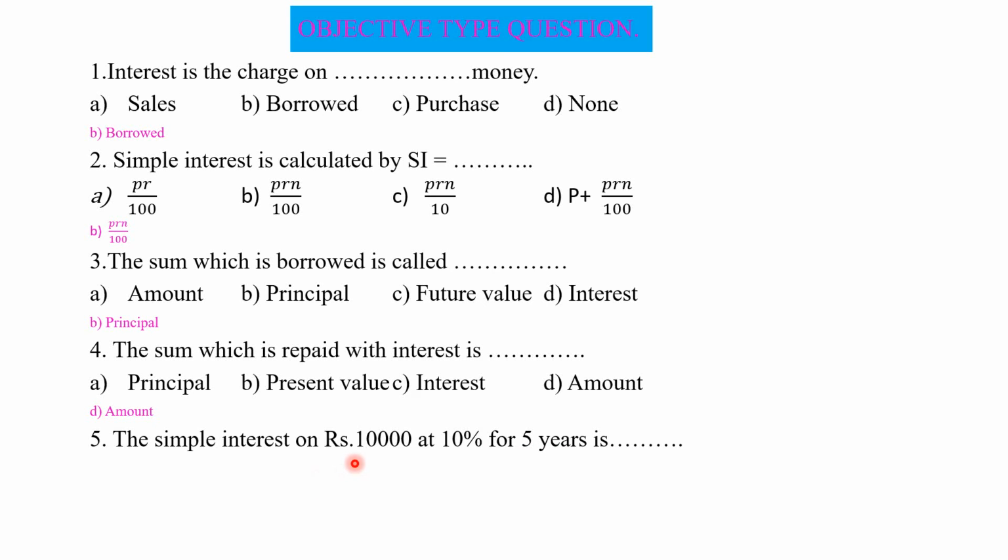We have the formula I is equal to P into R into N divided by 100, and therefore the correct answer is rupees 5,000.